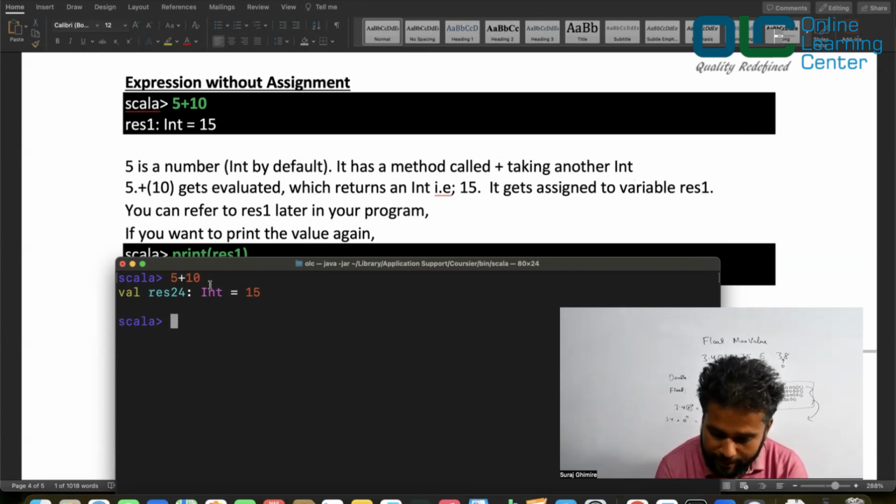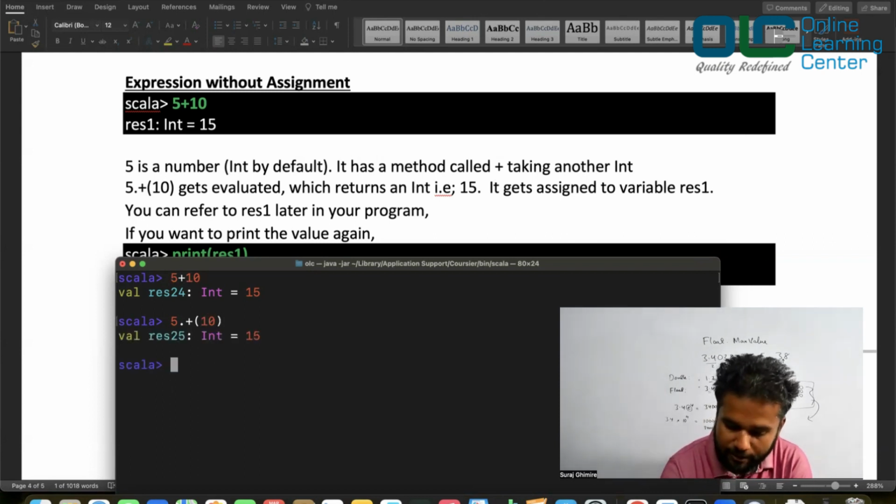So when you write this, it actually means you are saying 5 dot plus is a method, and I'll pass 10. This is what is happening internally and giving you 15. So the plus is literally not an operator, it's actually a method in Scala. So 5 dot plus of 10 gets evaluated, which returns an integer, that is 15.